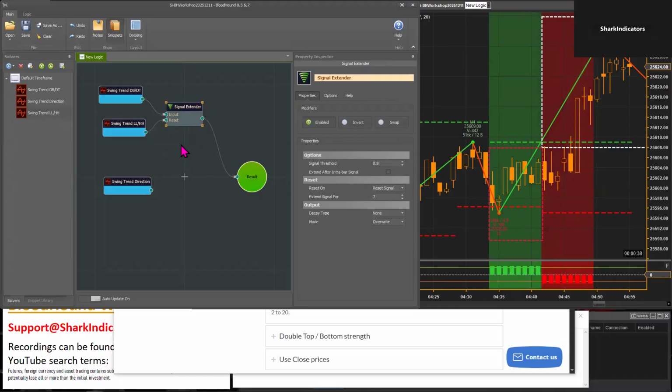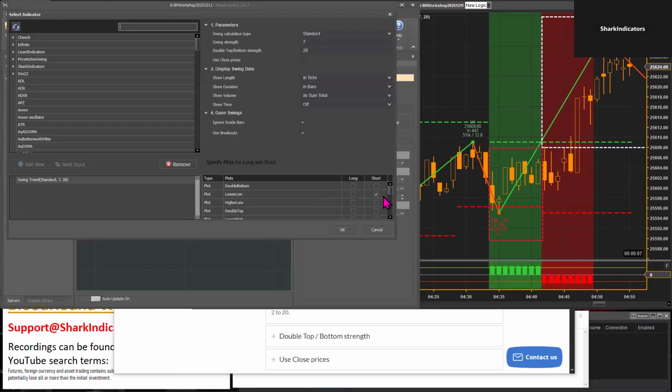For the signal extender, I'm going to go into the reset options here. Let's open this up a little bit more. Reset signal was the default. Then let me go back into the indicator for the swing trend, lower low, higher high, and switch my outputs here.